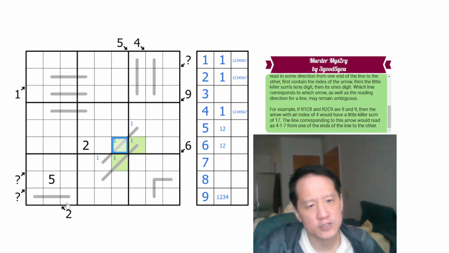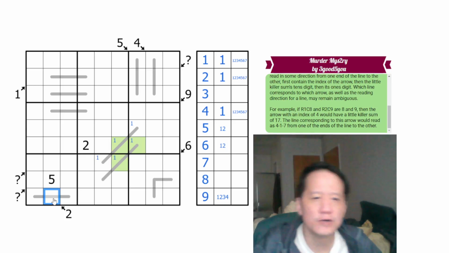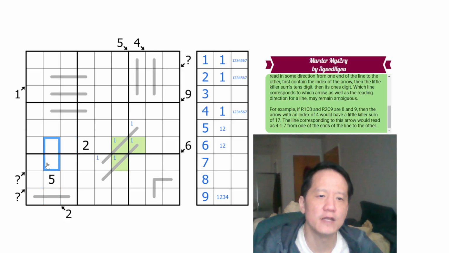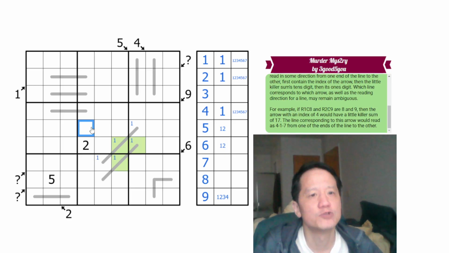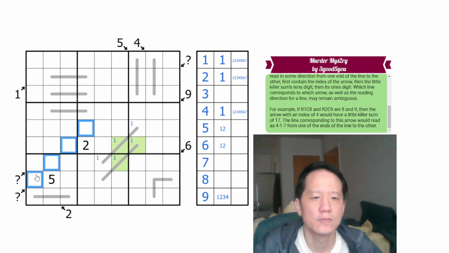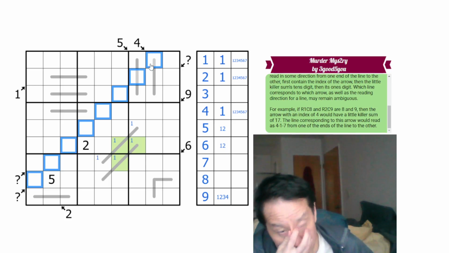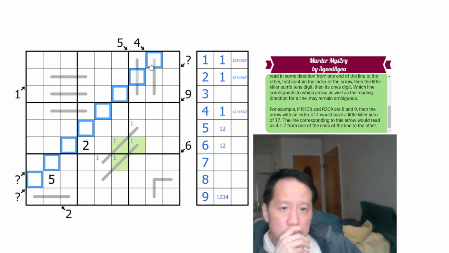Oh, this is interesting. So we know the largest any of the arrows' tens digit could be is 5 times 9, which is 45.